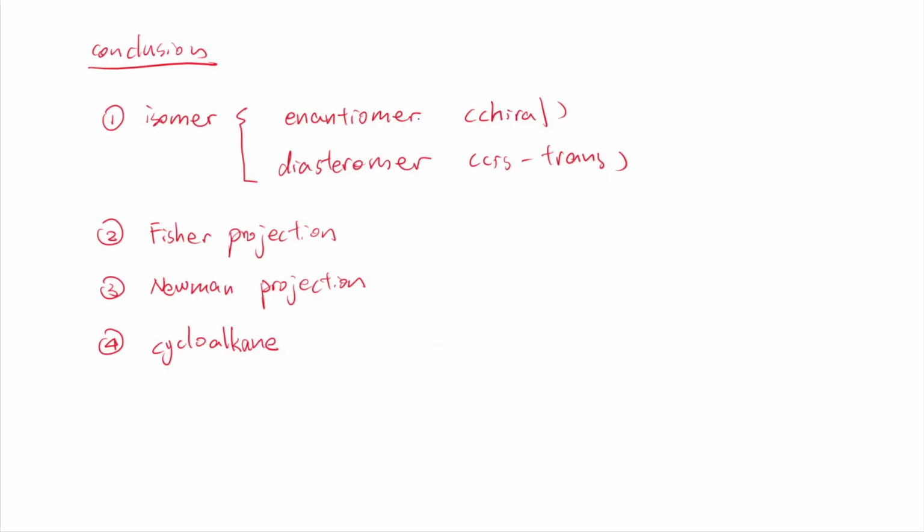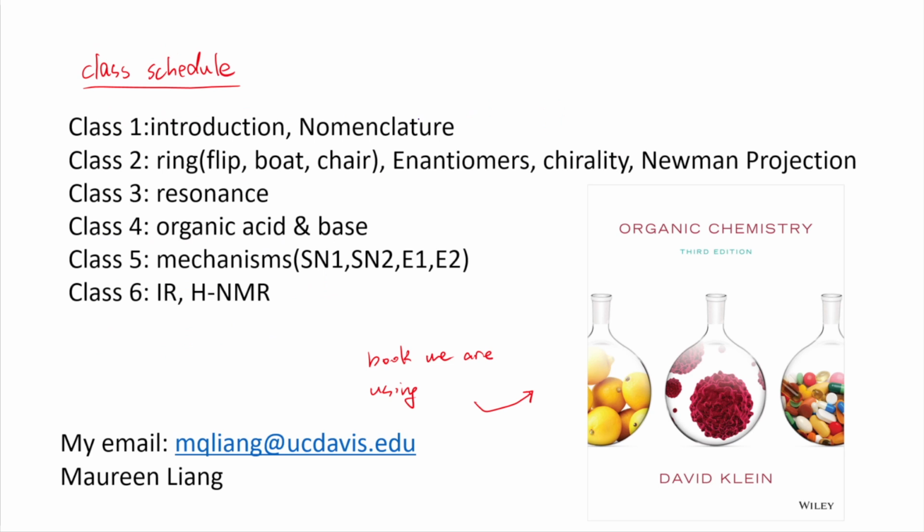Yes. And then this is the conclusion for last class and this class. We talked about isomer, enantiomer, diastereomers, and Fischer projection. Today we talked about Newman projection and cycloalkane. As we know, we're a little bit behind our schedule.